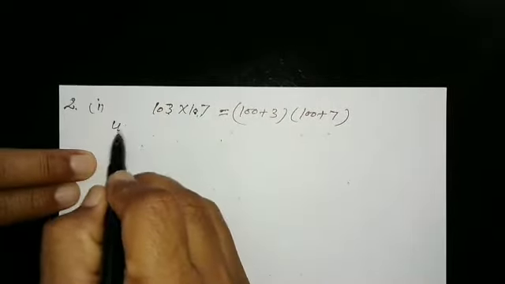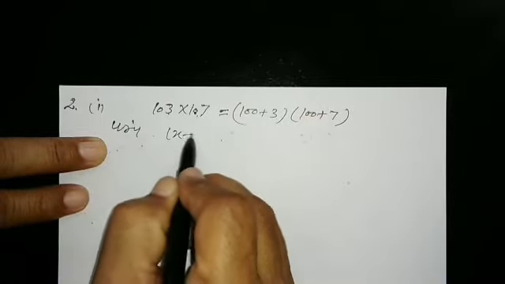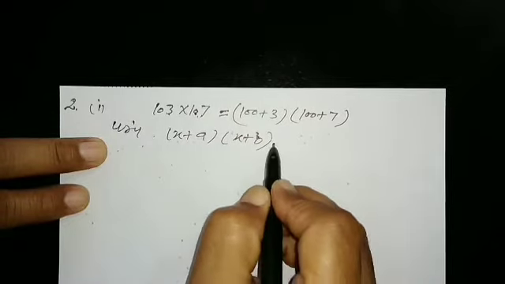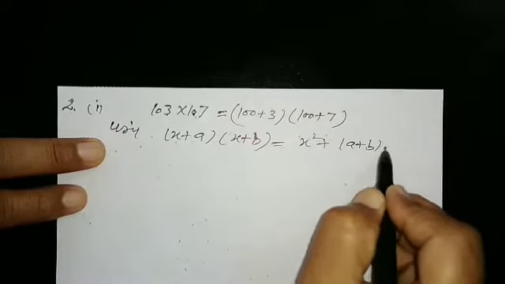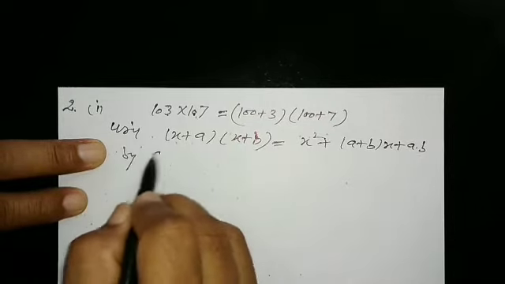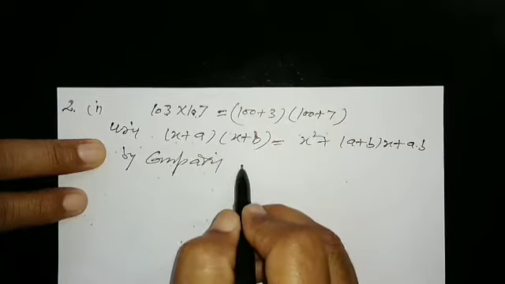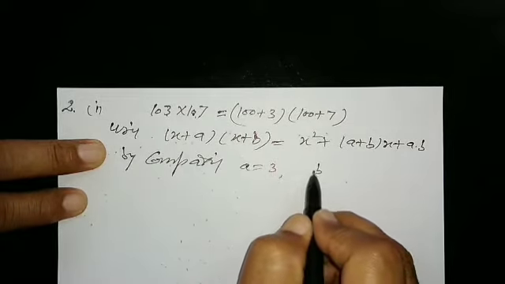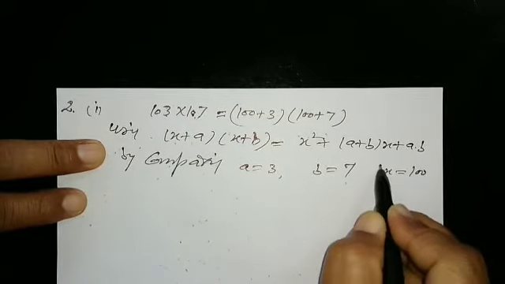So this form belongs to this type of form, and this identity may be used. Okay, by comparing we will get the value of a, that is 3, the value of b, that is 7, and the value of x, that is 100.